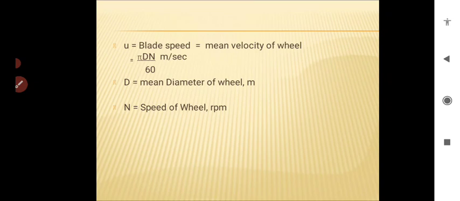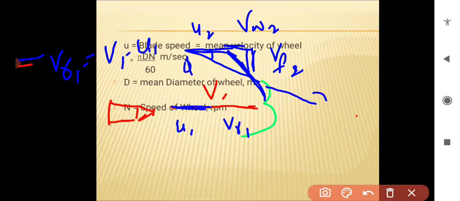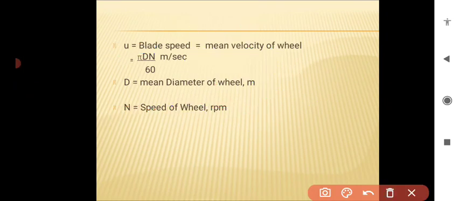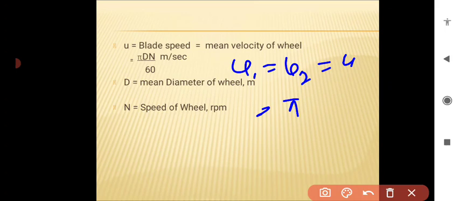In some cases the blade velocity is equal at inlet and at exit, so u1 is equal to u2 is equal to u, that is equal to pi D N by 60 meter per second.